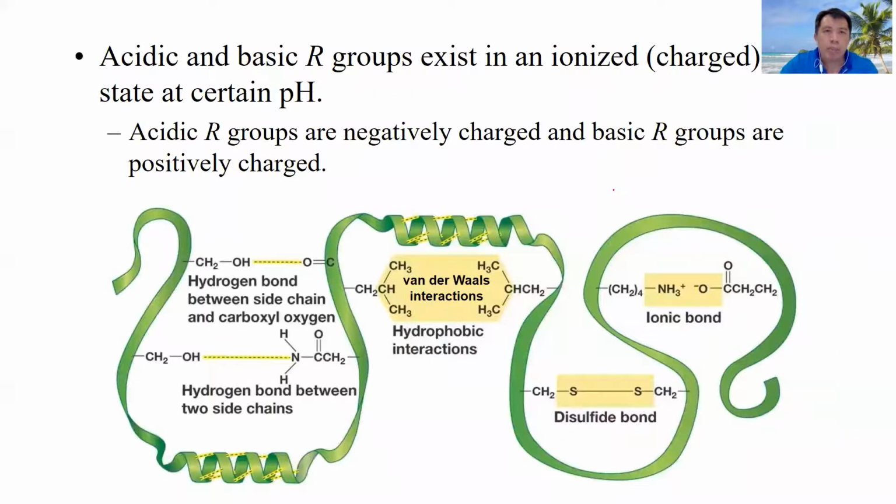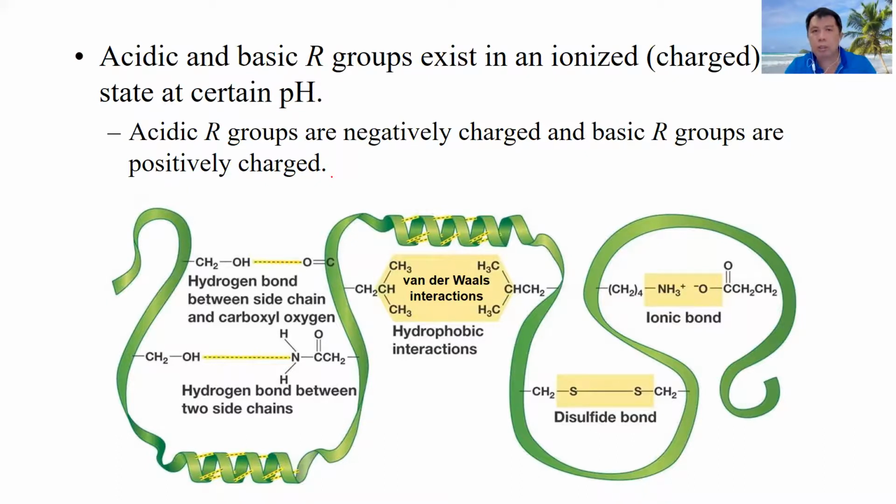Acidic and basic R groups exist in an ionized charge at a certain pH. Like just now when we went back to the Zwitterions, once the pH changes, the charge of the amino acids also changes. Therefore, acidic R groups are negatively charged and basic R groups are positively charged.